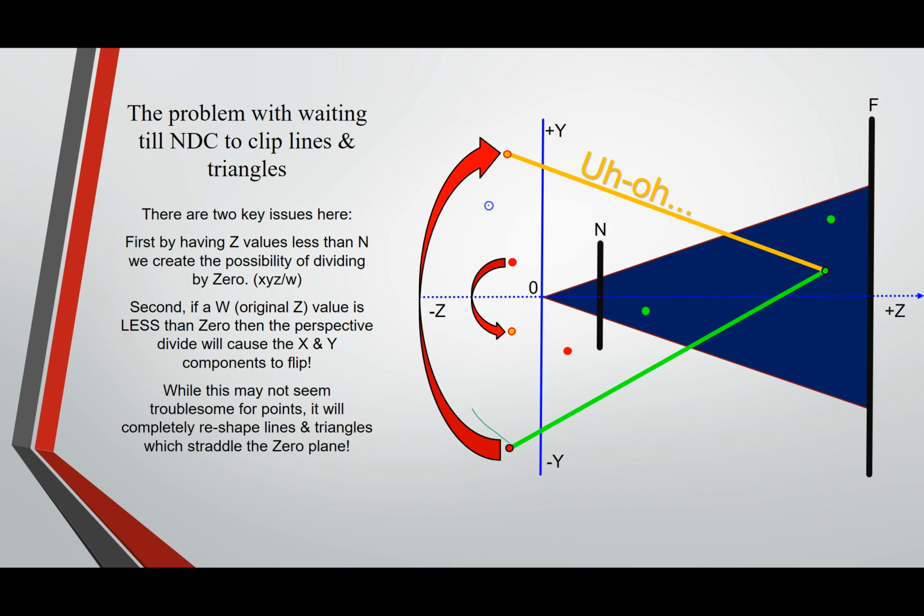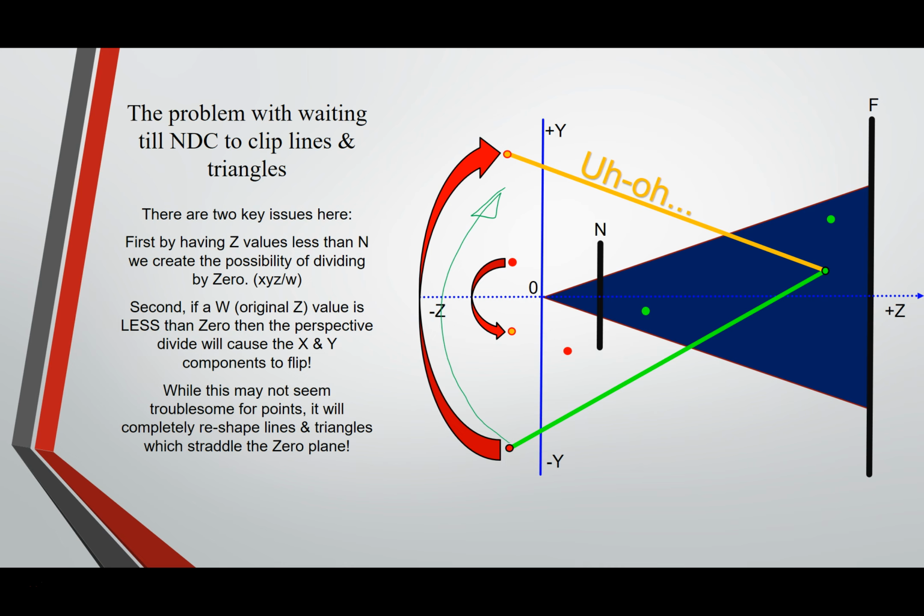When that one flips, like this diagram here shows, suddenly the line looks completely different. Like the shape of the line has changed because the end point behind the zero plane is actually in a new location. So once we go to draw it, it actually draws differently than it should. And that's a huge problem.